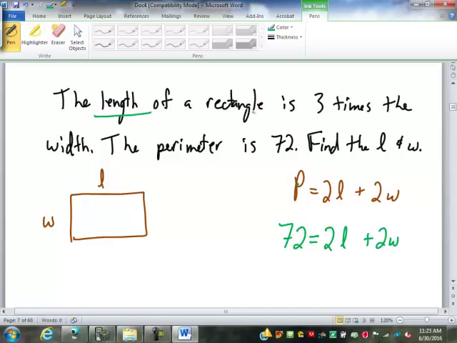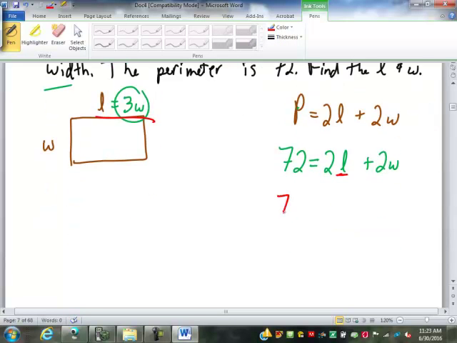The length is 3 times the width. So L is equal to 3 times W, or 3W. So what that allows us to do is replace the L here in this formula with 3W. So 72 equals, instead of 2L, it's 2 times 3W plus 2W.